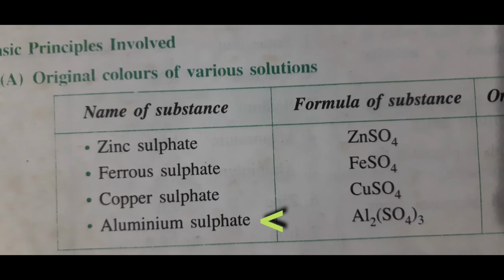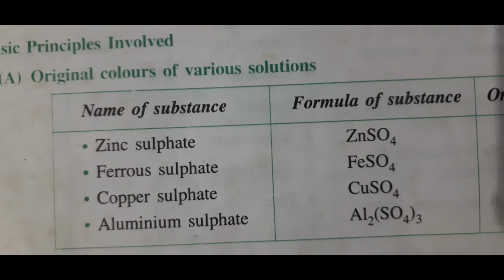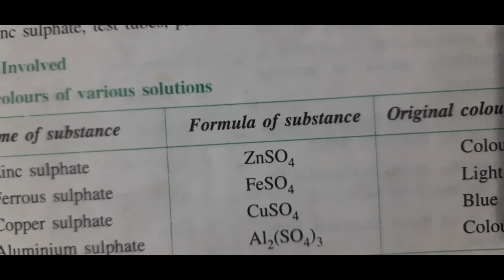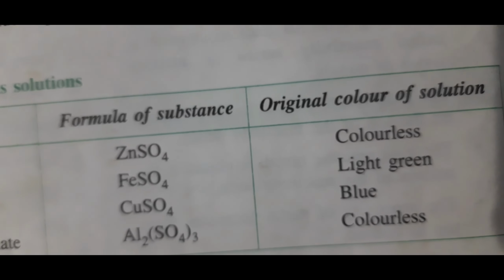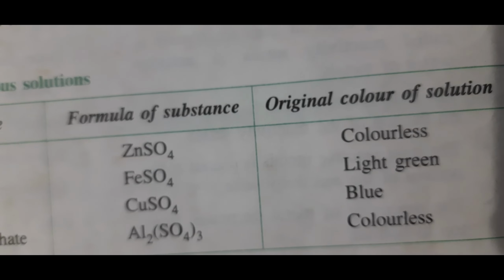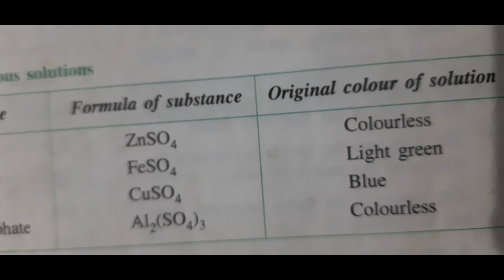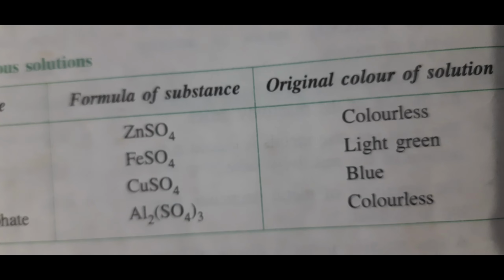Aluminium sulfate, Al2(SO4)3. And the original colors of these substances: zinc sulfate is colorless, ferrous sulfate is light green, copper sulfate is blue, and aluminium sulfate is colorless.